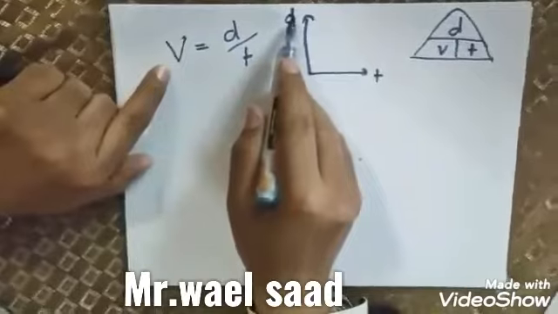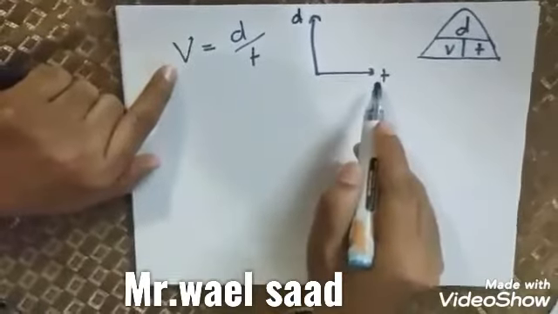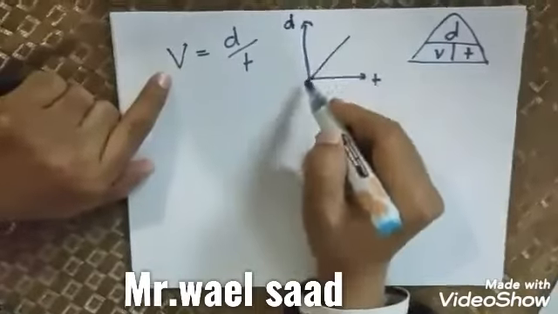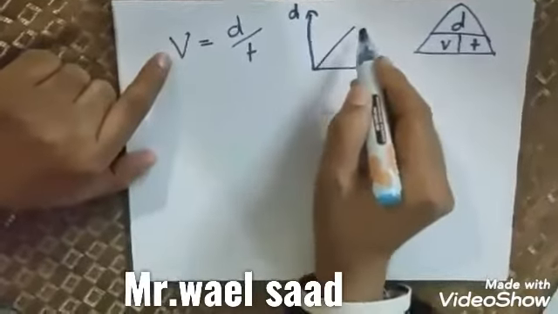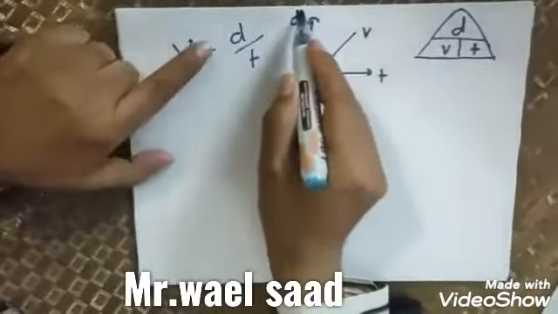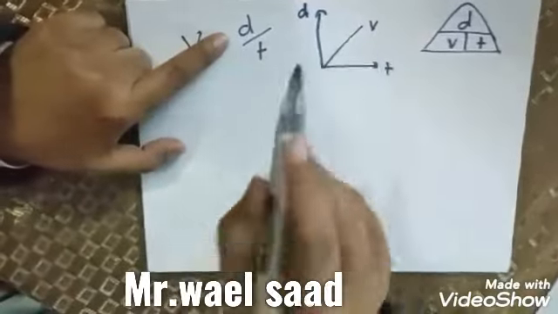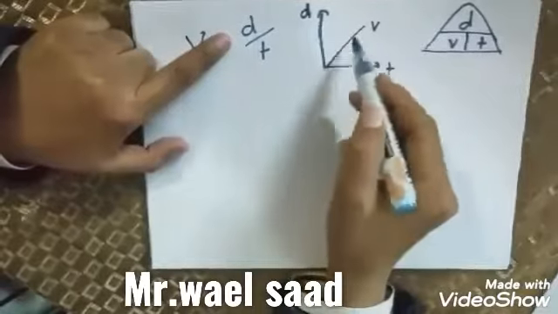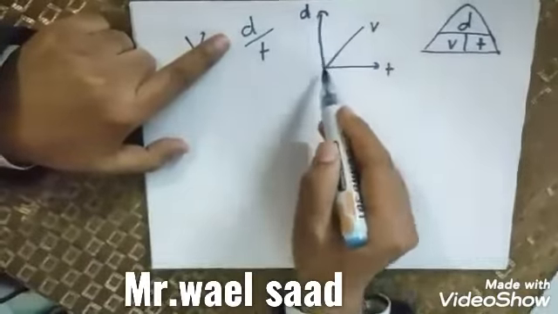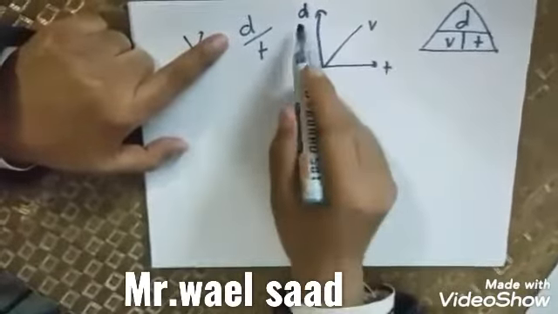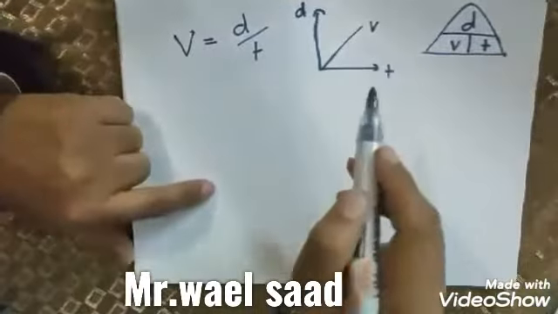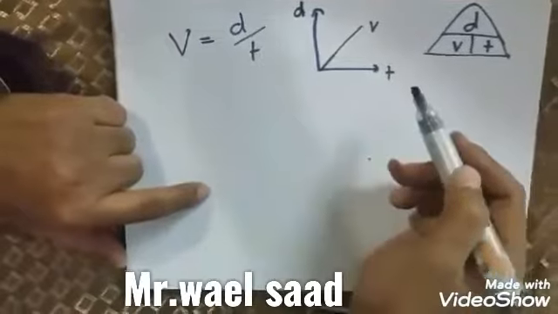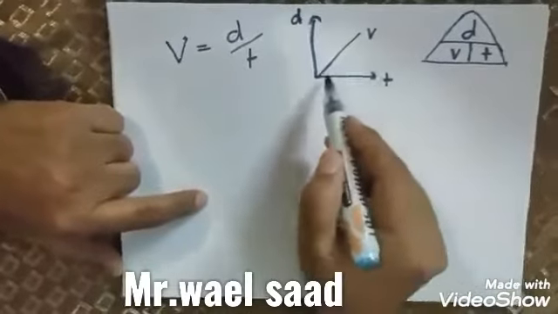The upper one is on y and the lower one is on the x-axis. And this is called the slope. The slope always equals y divided by x. So v equals distance over time. Again, another explanation to know why we put time on the x-axis.